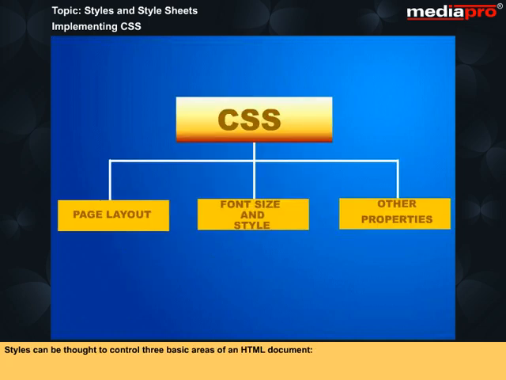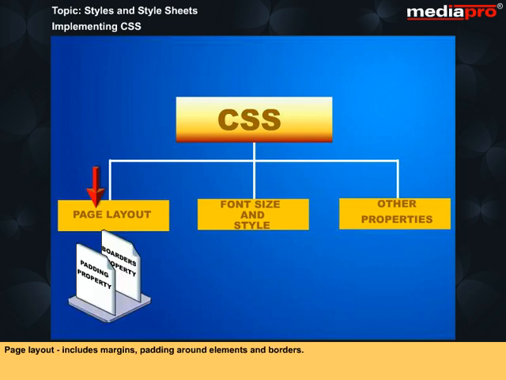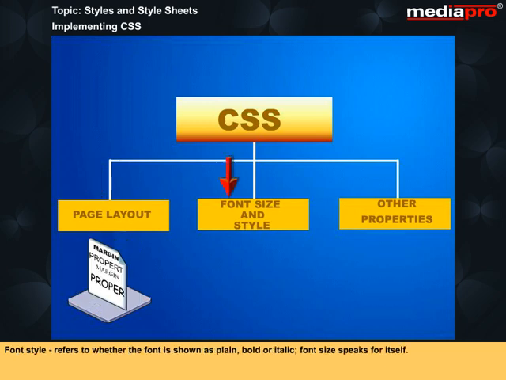Styles can be thought to control three basic areas of an HTML document. Page layout includes margins, padding around elements, and borders. Font style refers to whether the font is shown as plain, bold, or italic. Font size speaks for itself.